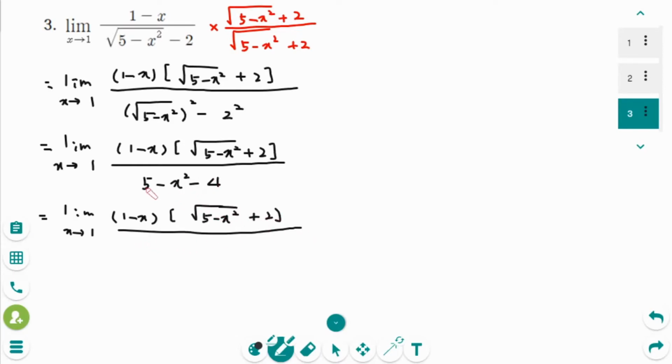Then denominator is 5 minus 4 is 1 minus x squared. And then keep the numerator.